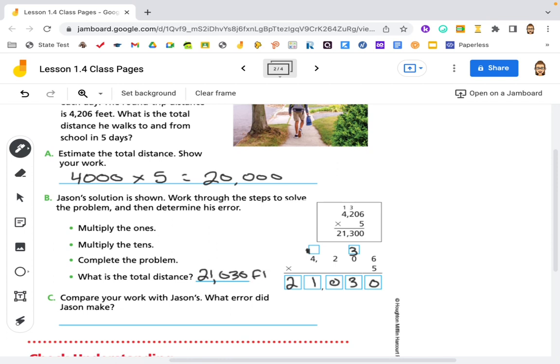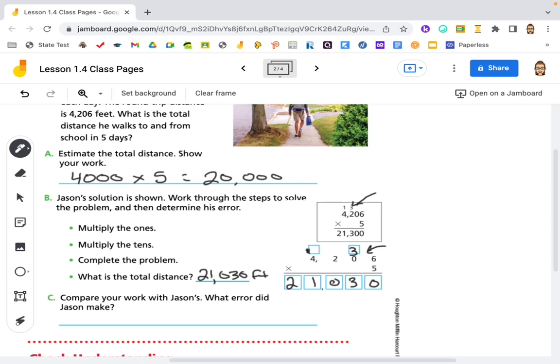So the total distance is 21,030 feet. So that says compare your work with Jason's. What error did Jason make? Well, if we look at the difference here, my 3 is over the 0. His 3 is over the 2, or the hundreds place.